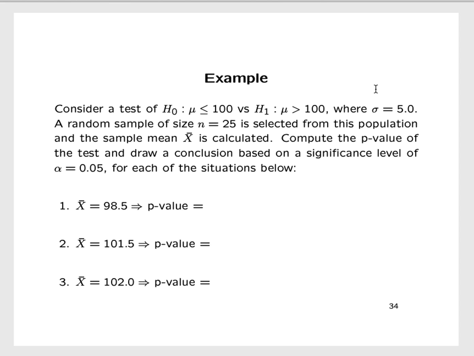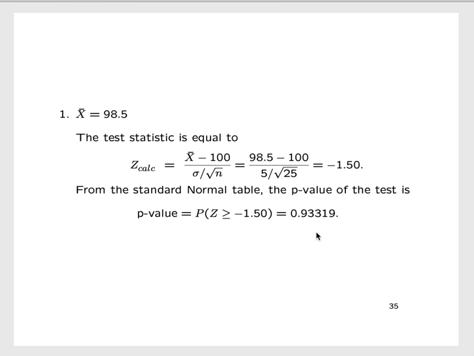A random sample of size n equal to 25 is selected from this population, and the sample mean, x bar, is calculated. Compute the p-value of the test and draw a conclusion based on a significance level of alpha equal to 0.05 for each of the situations below. So when x bar is equal to 98.5, when x bar is equal to 101.5, and when x bar is equal to 102.0. So what would be the p-value in each case, and what conclusion would we draw?